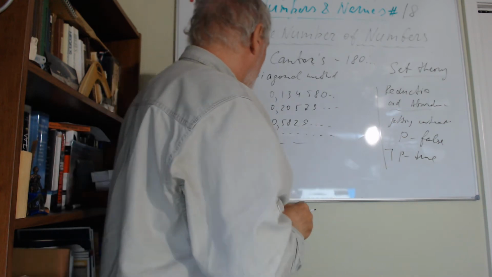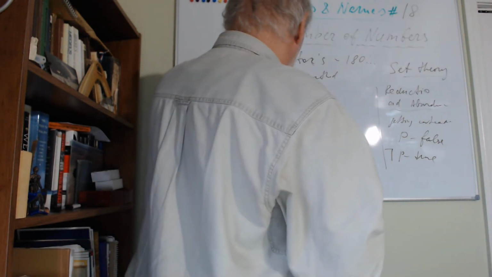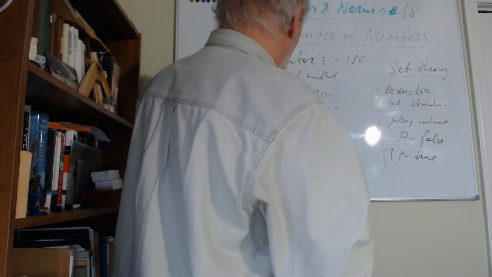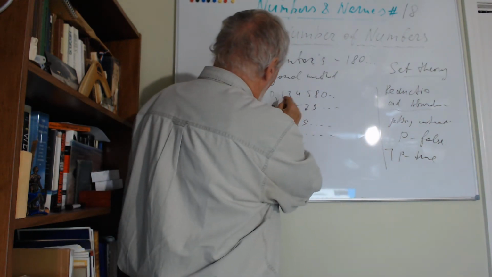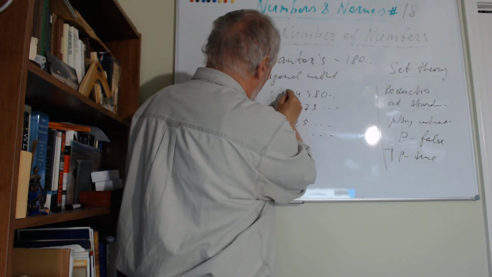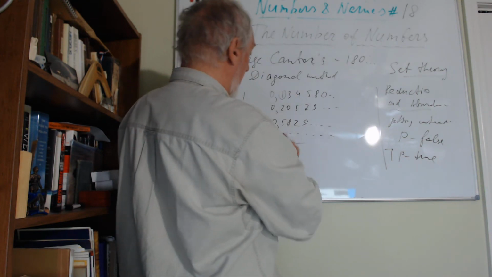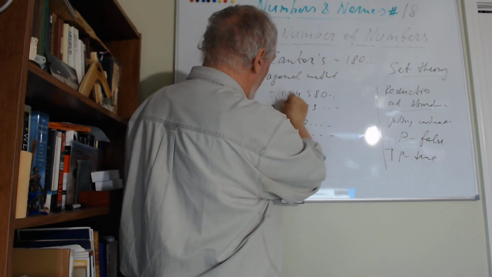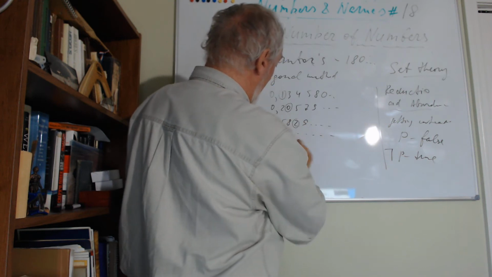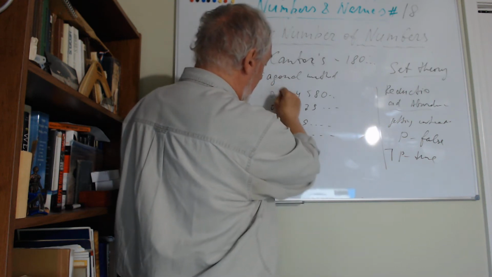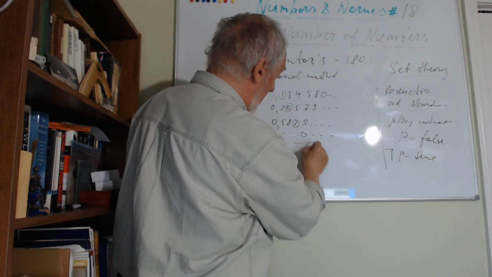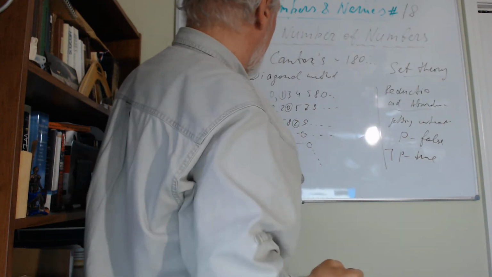And then he said, okay, let's do something. Let's write a number like this, by diagonal. It's called diagonal. So take this number, then diagonally take this number, then this number, then this number, this diagonal. You see? It goes like this.